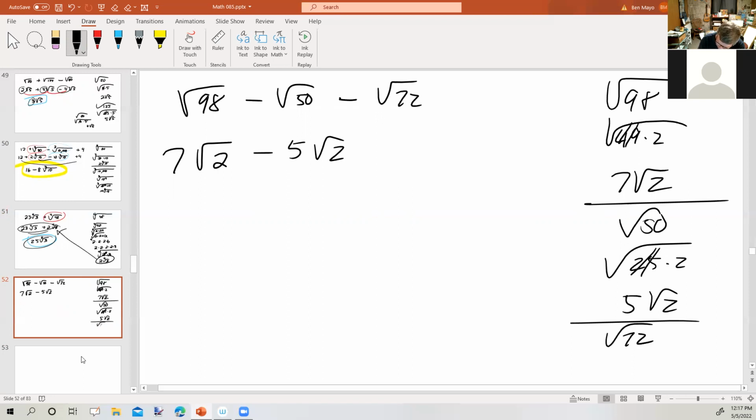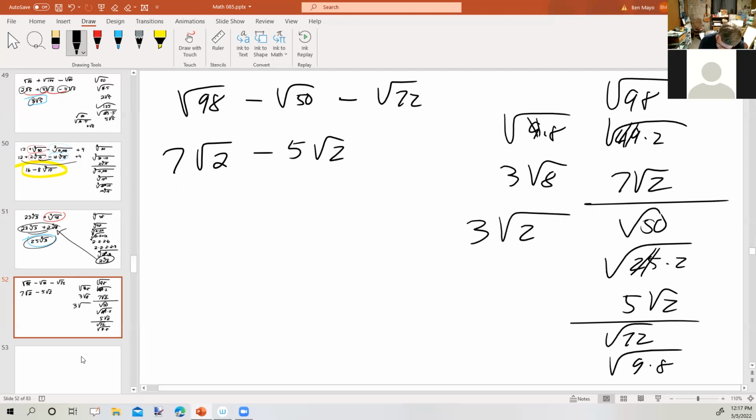The square root of 72 is the square root of 9 times 8. Let's see here. The square root of 9 times 8, that would give you a 3 square roots of 8, except that 8 could be written as what, 2 cubed? So 2 squared times 2, that's going to give you an additional 2 outside.